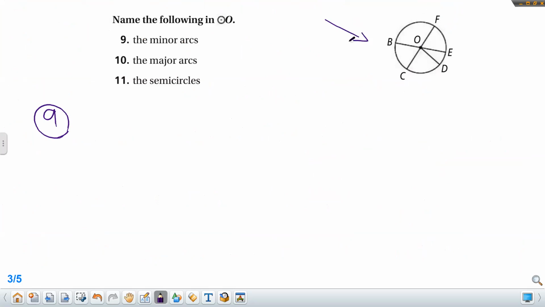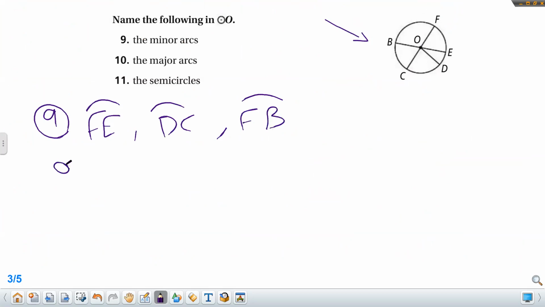For example, FE, for example DC, for example FB, and so on. You have infinite. Number 10, major arc. We said that before. A major arc is an arc of measure bigger than 180. For example, we can say, yes, good, FBD.